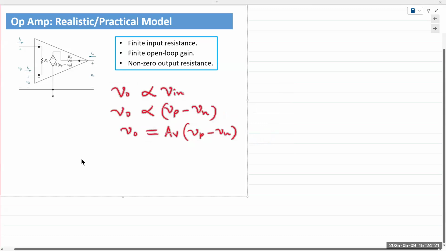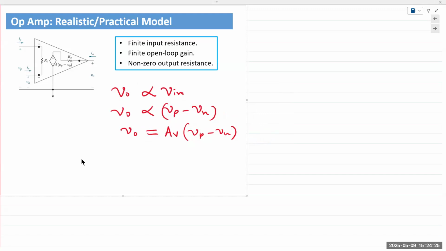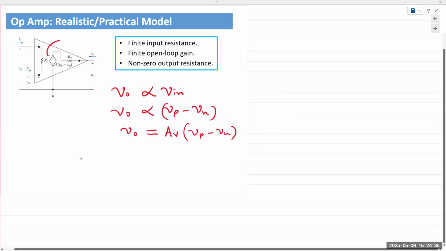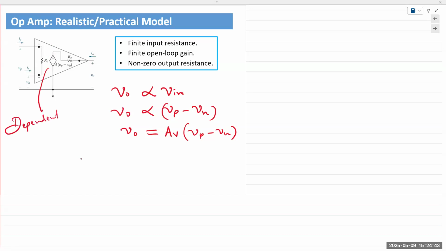Okay. So in the book, there is an analysis based on these conditions. But again, in class, it's not something we'll go into. All right, so this again, if you remember, is a dependent voltage source, right?